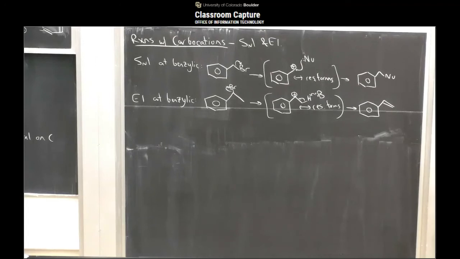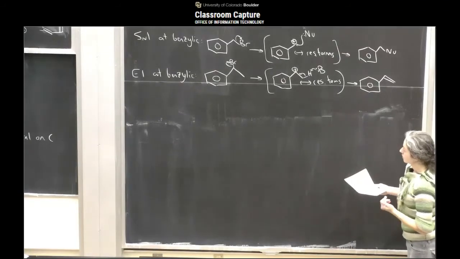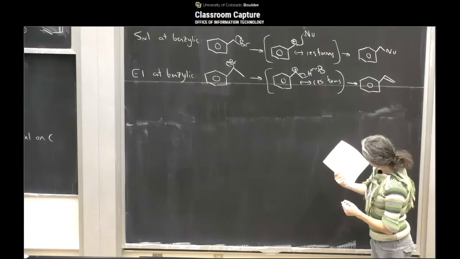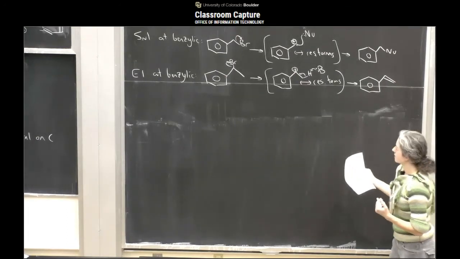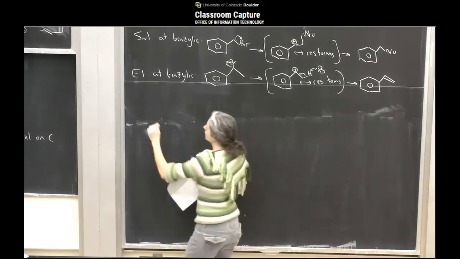So I guess in this case, you'd actually be making styrene, because the double bond is outside of the aromatic ring. Okay. I don't think I explicitly drew this out in the notes. I just said it in a sentence, but let me actually draw out why you only get the one product for benzylic.